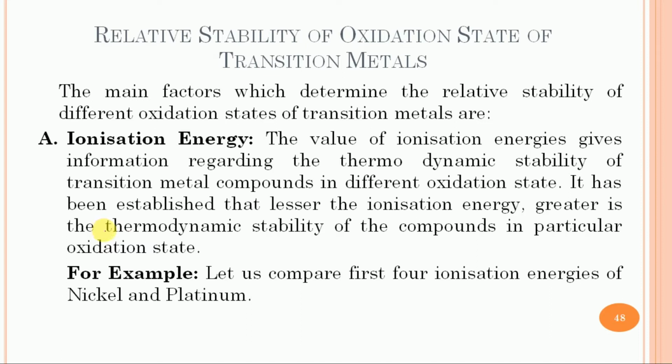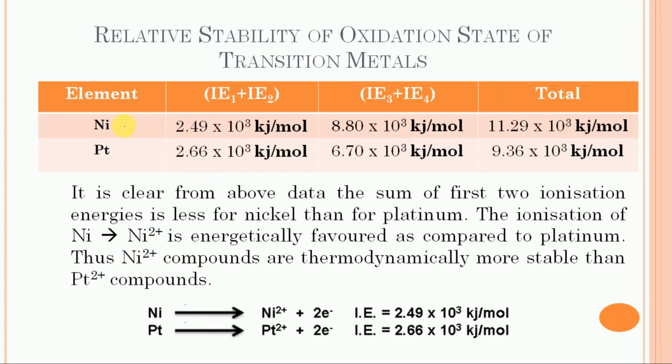Here the first 4 ionization energies of nickel and platinum are considered. This is the value of the first and second ionization energy in case of nickel, this is the value of the third and fourth ionization energy in case of nickel, and this is the total value.